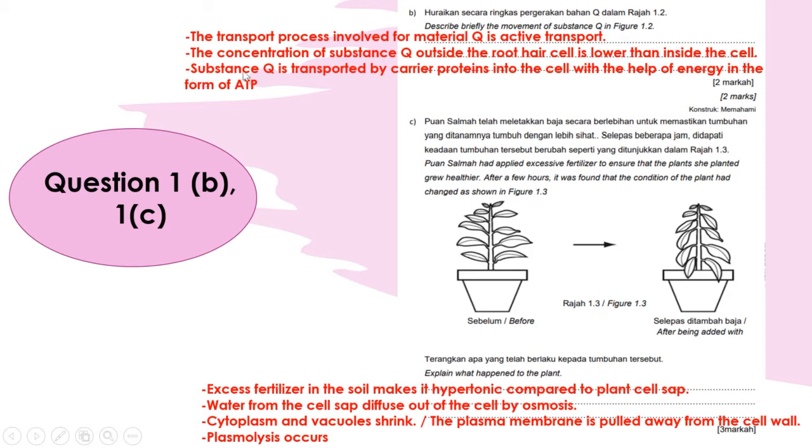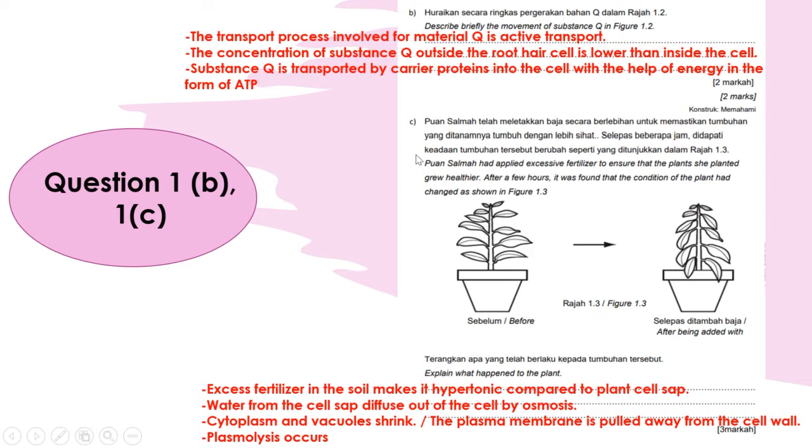And then substance Q is transported by the carrier proteins into the cell with the help of energy. So the key point here is with the help of energy. So that is another one mark. So this is the answer for question 1B.